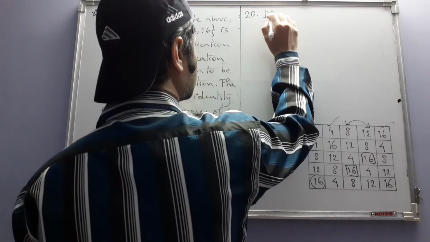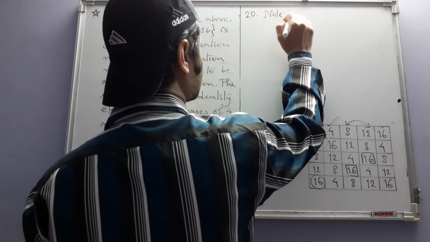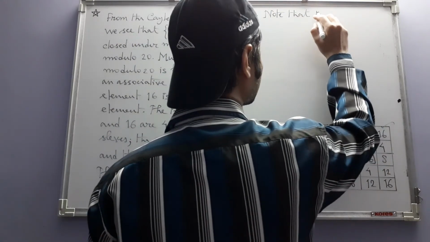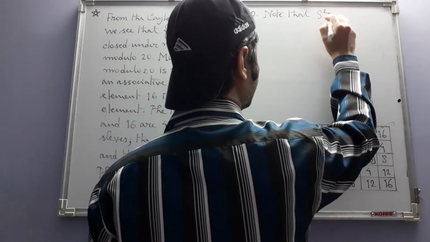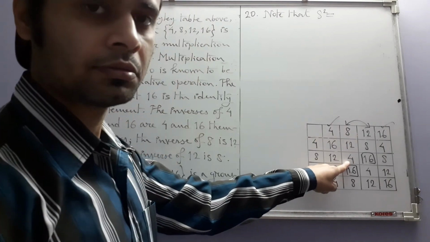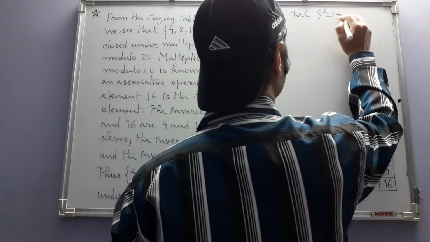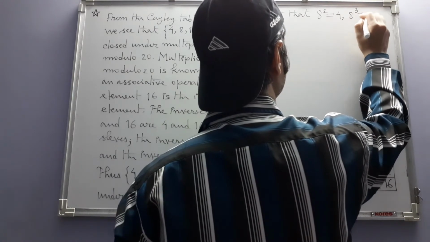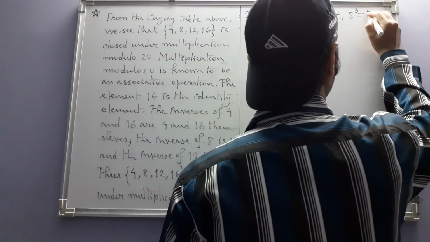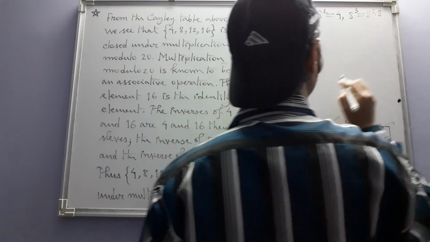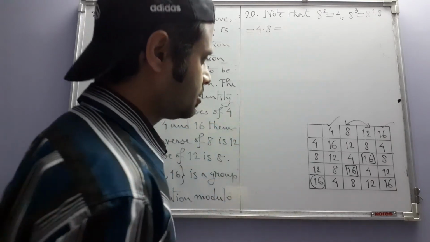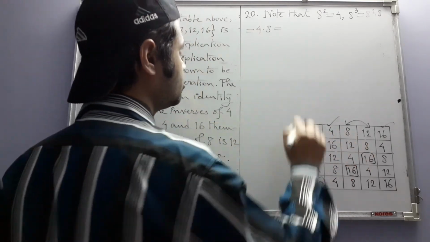Note that eight square is what? 8 times 8, 4. What is 8 cube? 8 cube is 8 square times 8, which is 4 times 8. 4 times 8 is 12.